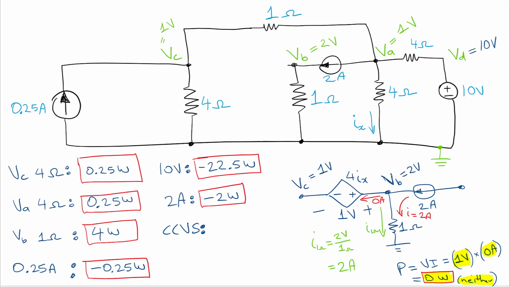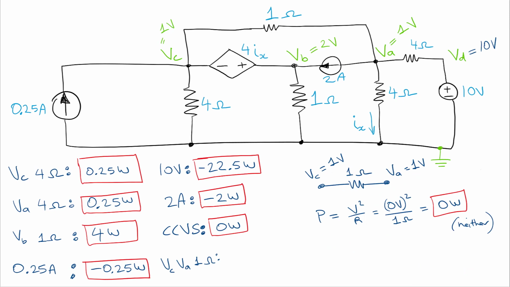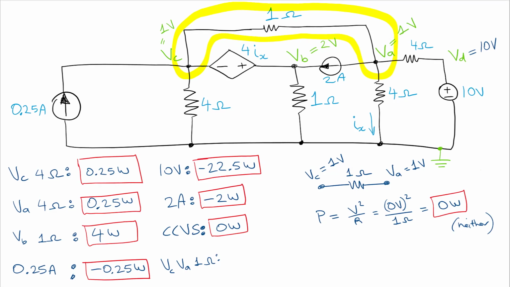So let us continue. Let us find the power in the resistor that is up here. So it's the one that's associated with VC and VA. Okay? So we're going to solve for this resistor. What we see, as we've drawn it down here, is VC is equal to 1 volt and VA is equal to 1 volt.